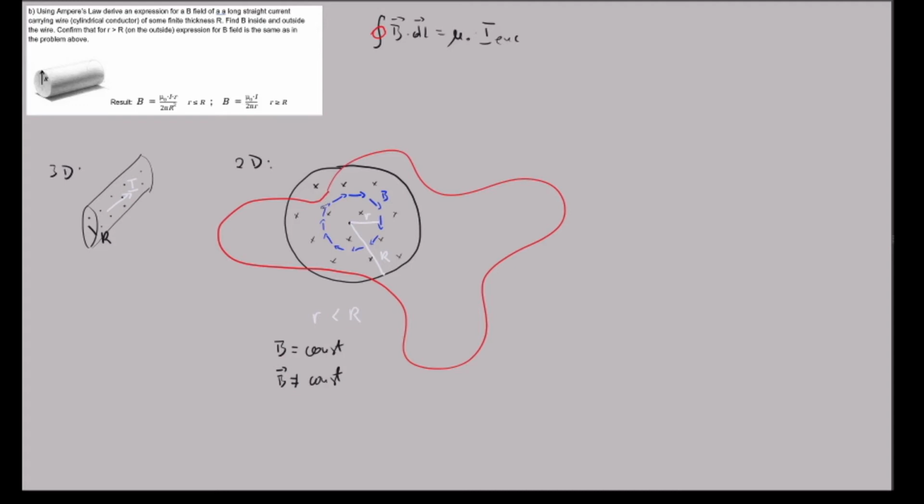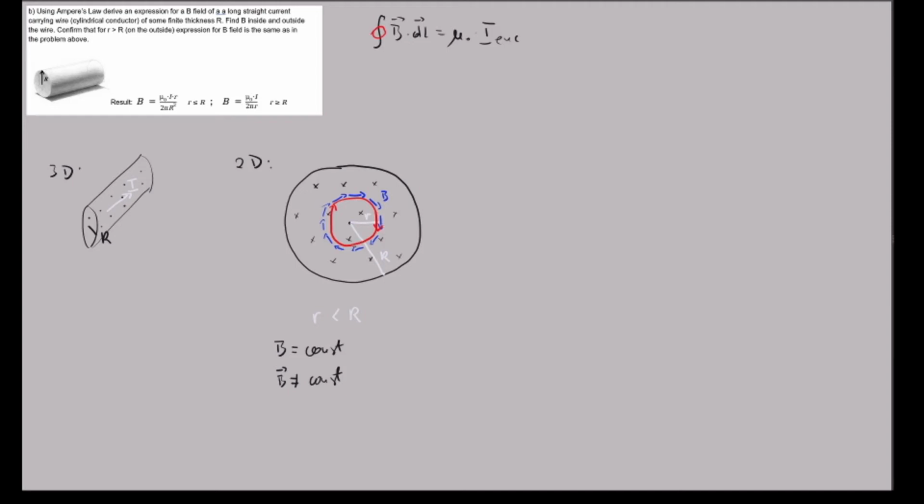But that wouldn't help me much. So instead what I'll do is I'm going to choose a path that starts here and stays with the magnetic field, goes all the way around, and then I come back to the same spot. And let's draw a few elements dl. So somewhere here I'm going to have element dl that points like this.